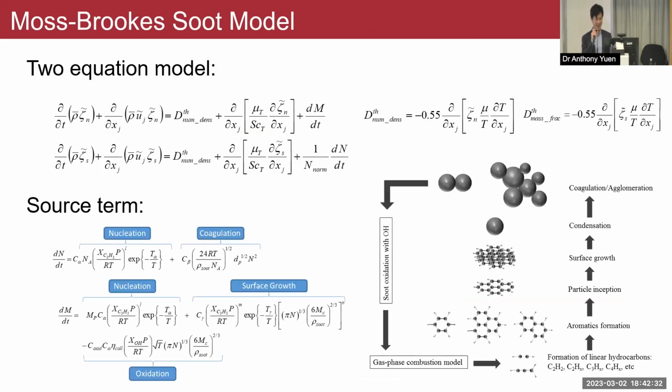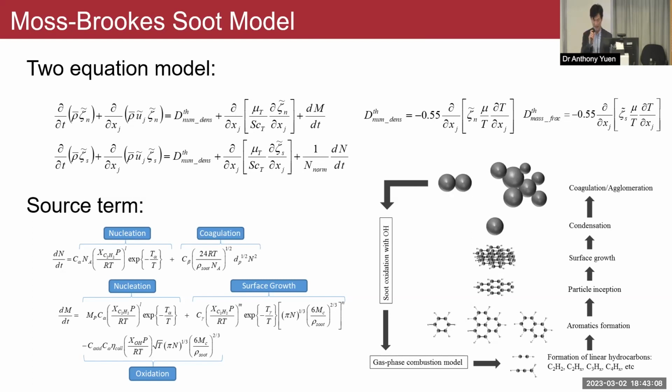Not only that, we study some of the precursors for the soot particle formation process. If you want to accurately model soot, you have to model some essential compounds like acetylene, C2H2, and the ring aromatics formation, the C6H6, C6H5, and so forth, because they contribute to the nucleation and the agglomeration effect of the particle.